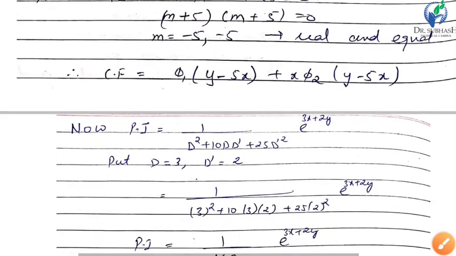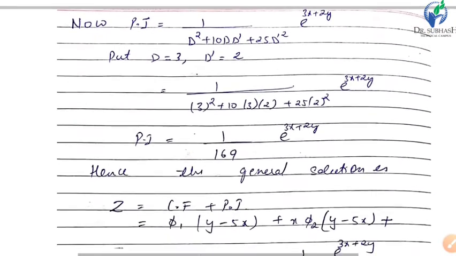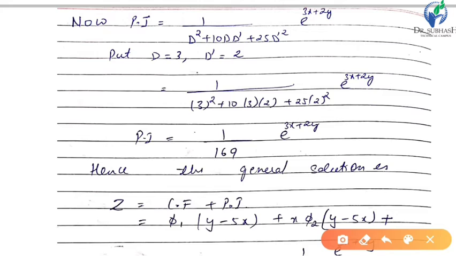Now we find the particular integral. We write the operator from the question in the denominator: D squared plus 10 D D dash plus 25 D dash squared, without writing z, and the RHS part will be e raised to 3x plus 2y. The coefficient of x is 3 and the coefficient of y is 2, so D equal to 3 and D dash equal to 2.